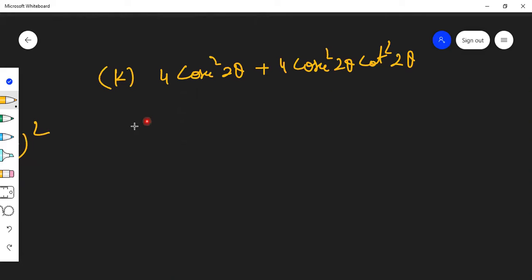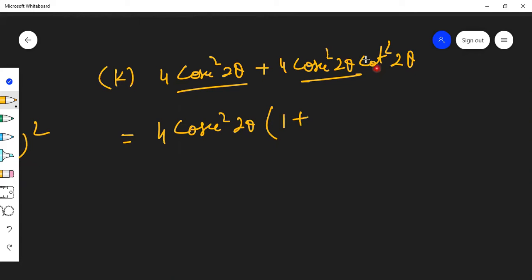We can see 4 cosec square 2 theta can be taken common. It is here also, here also. So from this part, 1 is left. We are actually factorizing it. And from the other part, cot square 2 theta is left. Now 4 cosec square 2 theta stays as it is, and 1 plus cot square 2 theta can be written as cosec square 2 theta.